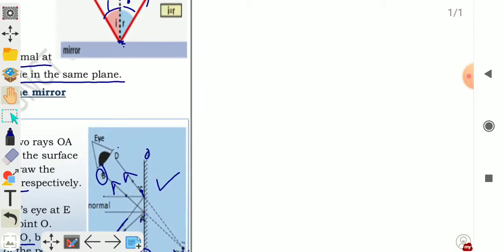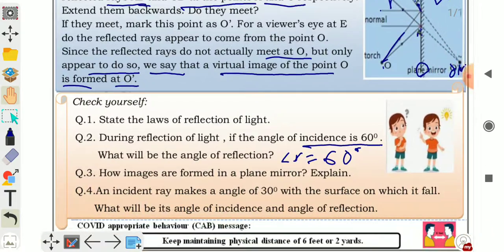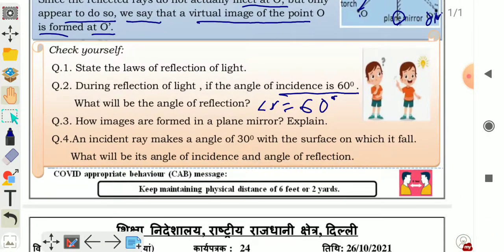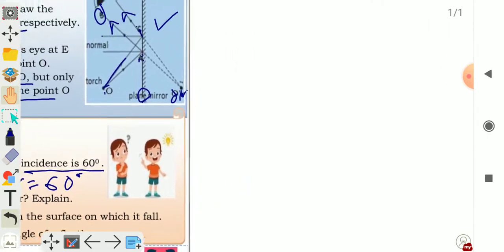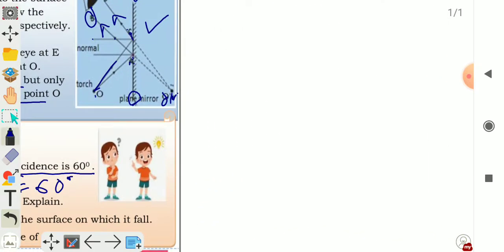If an incident ray makes an angle of 30 degree with the surface on which it falls, it means it forms a 30 degree angle with the mirror.